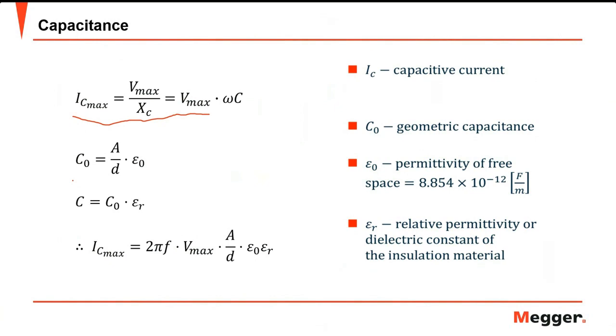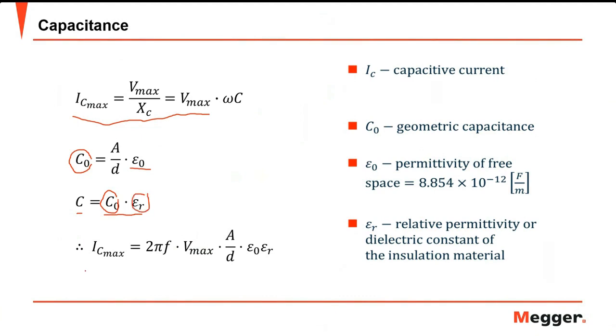And for the capacitance, we have this formula: area over distance multiplied by the permittivity of free space. And if you are talking about a specific insulation material, then you have the relative permittivity, or the dielectric constant, of that insulation material. So capacitance will be this. By the way, this is the geometric capacitance, multiplied by the relative permittivity.